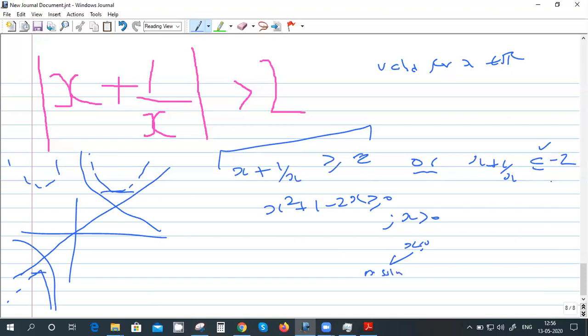Here in this part, if I assume x greater than 0, I'll get no solution because the quadratic discriminant will be negative. In this part, if I assume x is less than 0, then we'll get solution. It's basically a quadratic equation. The quadratic equation will have solution if the discriminant is positive. B square minus 4AC should be positive or 0.